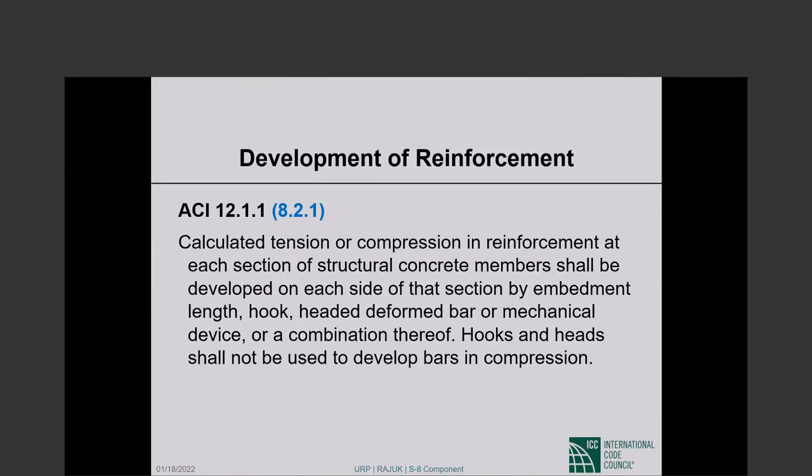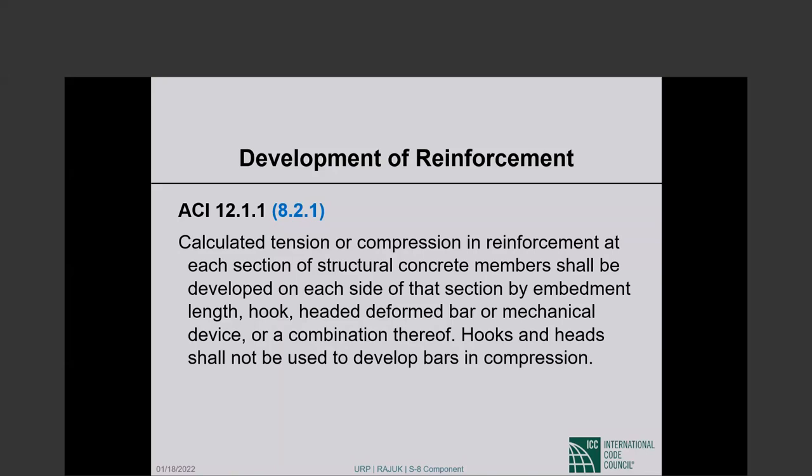So calculated tension or compression in reinforcement at each section of structural concrete members shall be developed on each side of that section by embedment length, hook, headed deform bar or mechanical device, or a combination thereof. One way or the other, you have to develop the full stress.